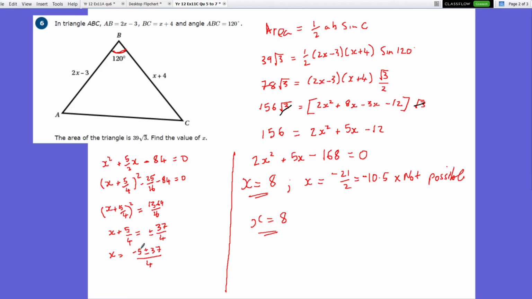There you'll get two solutions: minus 5 plus 37 gives 32, and 32 over 4 gives me 8. The other solution is minus 5 minus 37, which gives minus 42, and minus 42 over 4 is the same as minus 21 over 2.